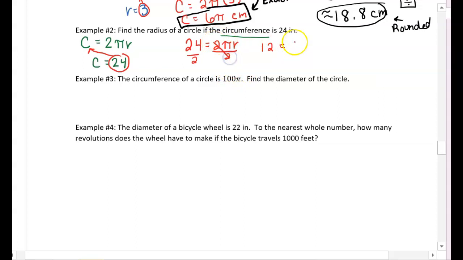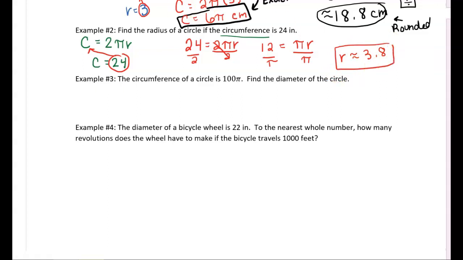Those go away, so 12 equals pi r. Then to get r by itself, I'm going to divide by pi. When I put 12 divided by pi into my calculator, I get roughly 3.8. So r is roughly 3.8, and that's how you'd find the radius if you have the circumference.